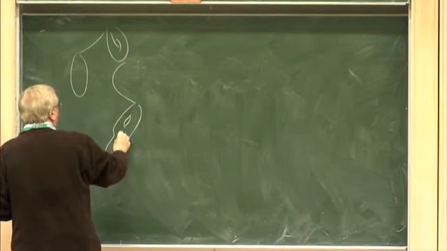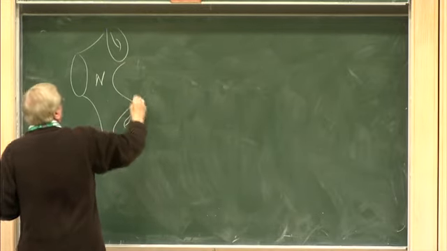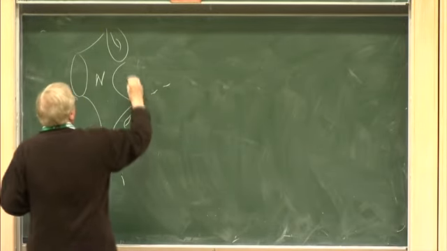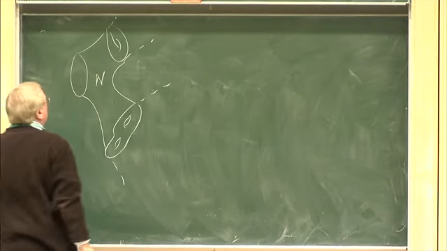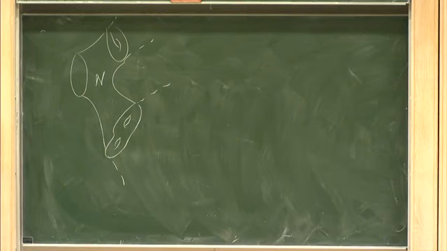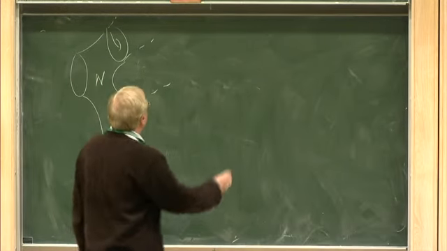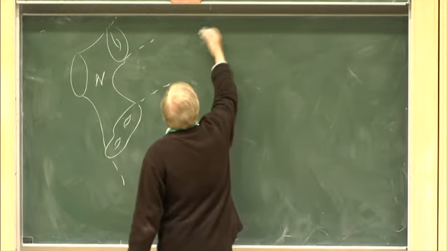This is just some compact submanifold. There's bits of the manifold; M tilde is non-compact. So N is a compact manifold. It definitely has boundary.